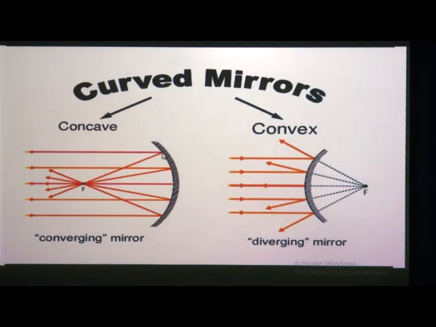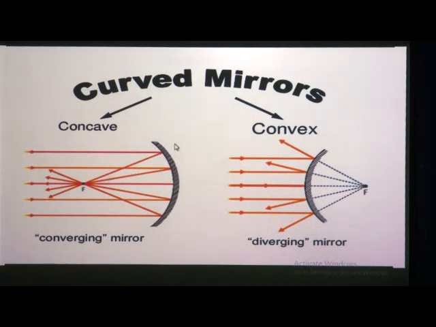This side which you are looking at is called a concave mirror, and the outer surface, the black color line, is showing the structure of a convex mirror. This concave mirror is called a converging mirror, and this convex one is called a diverging mirror.